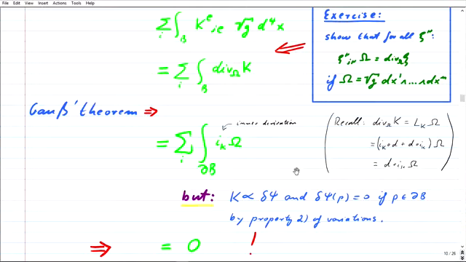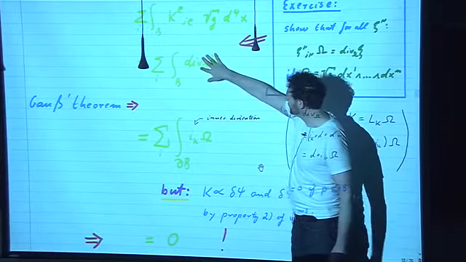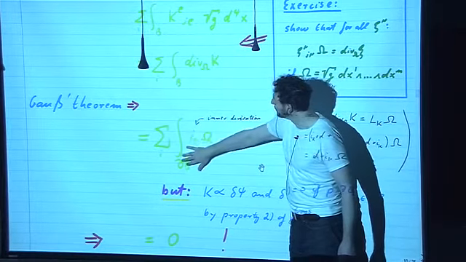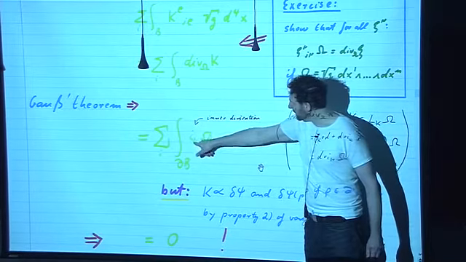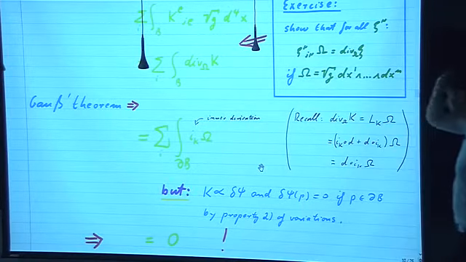And that is Gauss's theorem. So this integral over the divergence is simply that integral here. I'm just reminding you of a calculation that we did earlier, namely that whenever you have an integral over divergence, it is really the integral over the boundary over just the inner derivation applied to the volume form.